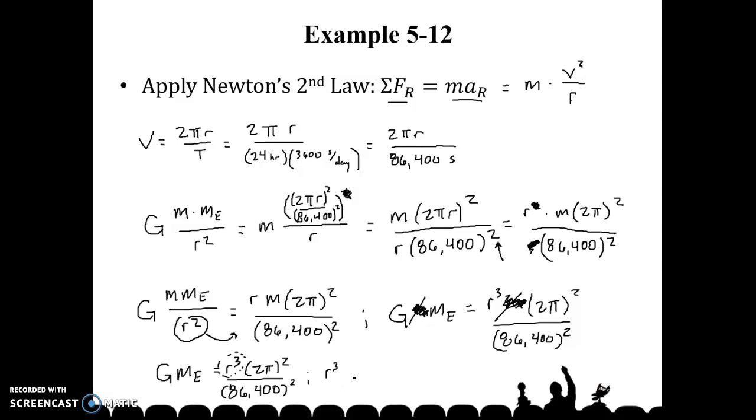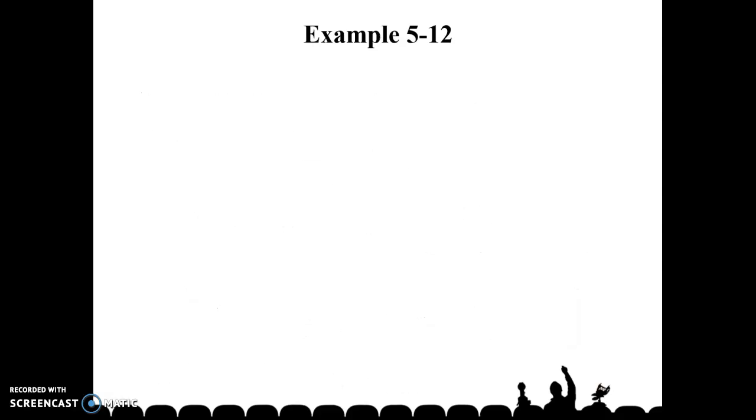So r cubed is going to be equal to G M E times 86,400 squared divided by 2 pi squared. Okay, so let's move this on to the next slide now.